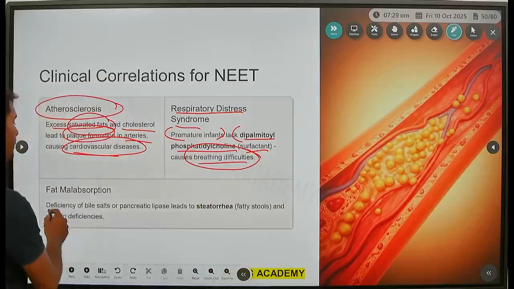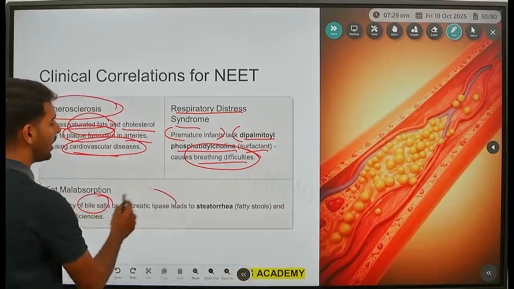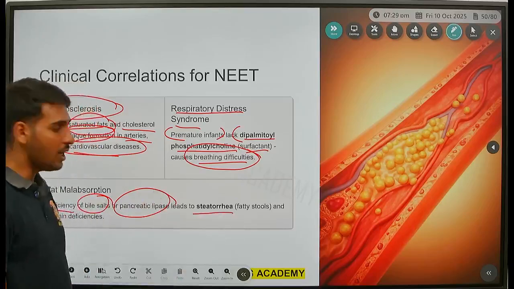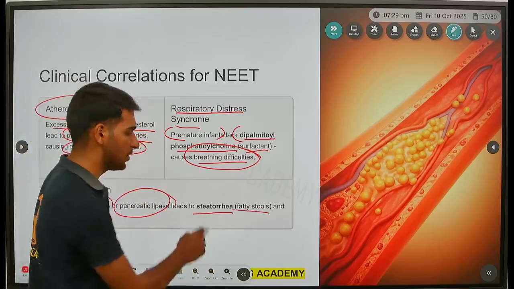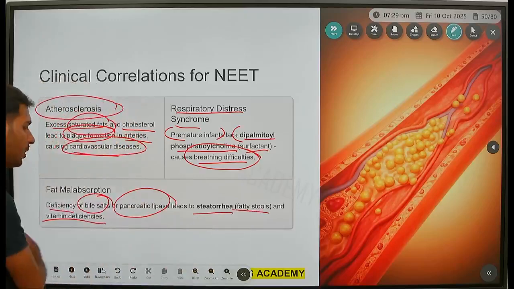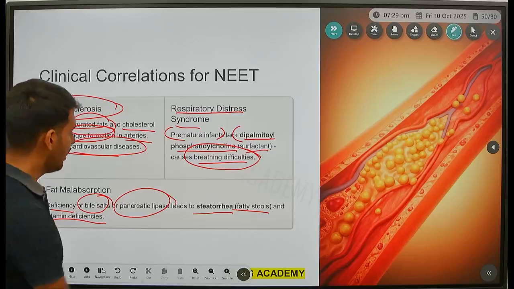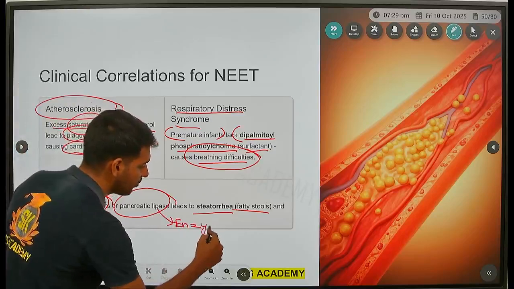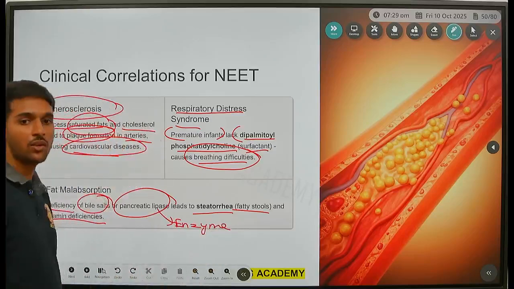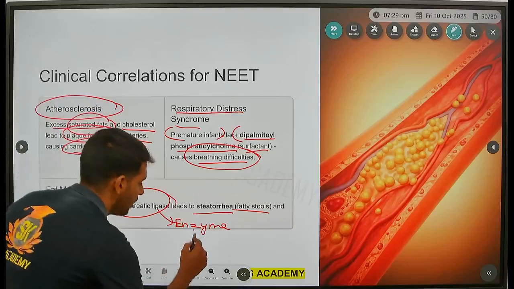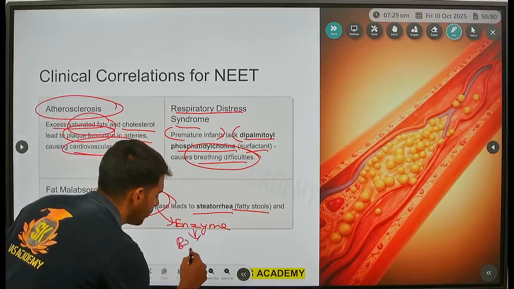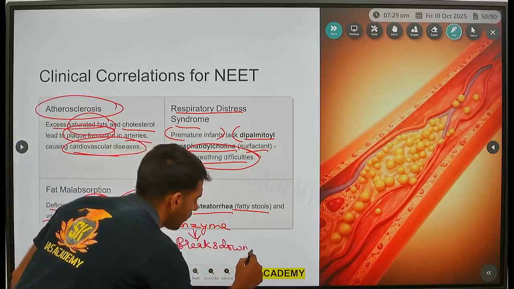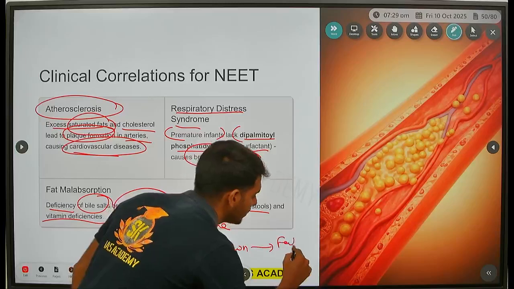Deficiency of bile salts or pancreatic lipase leads to steatorrhea, fatty stools, and vitamin deficiencies. Got it? Lipase is an enzyme which breaks down lipids to fatty acids.